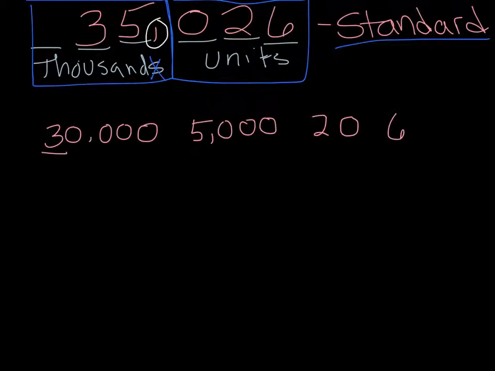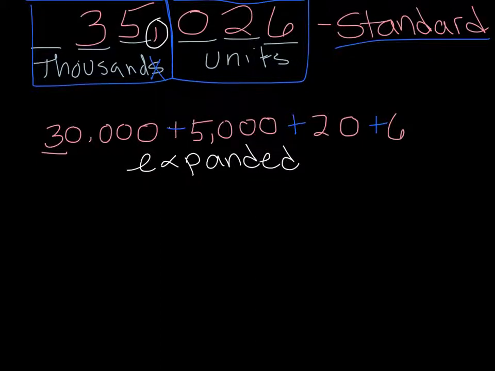Now that I have written the value of all my numbers, I'm going to simply add a sign. I'm going to add the addition sign between my values, my numbers. And this is another way of writing the number 35,026. And in this way, you're probably quite familiar with this. This is called expanded form.